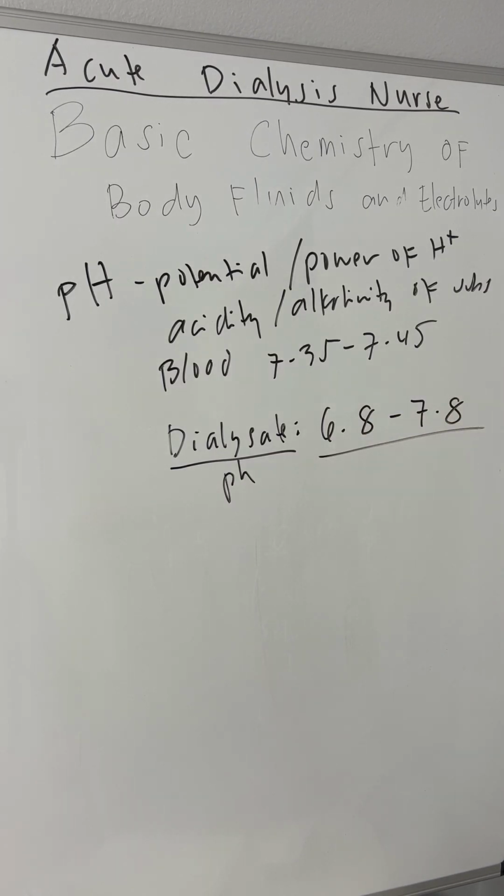So usually that's the normal range for dialysate. Now, if it's too low, it means it's acidic. If it's too high, it's basic or alkaline. If it's too high, it means you're giving too much bicarbonate. If it's low, then you're pulling the patient's bicarbonate. So you check this. We always check this before starting the dialysis.